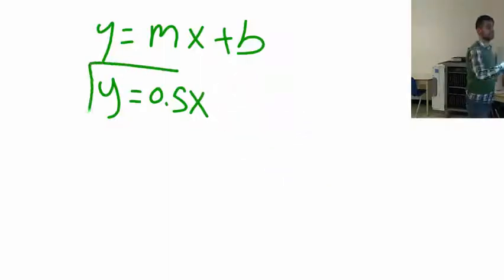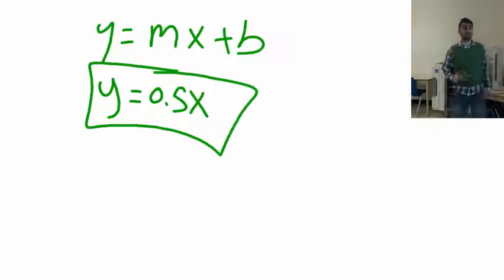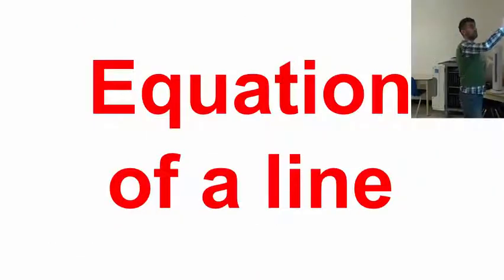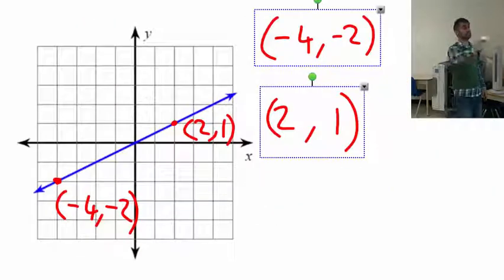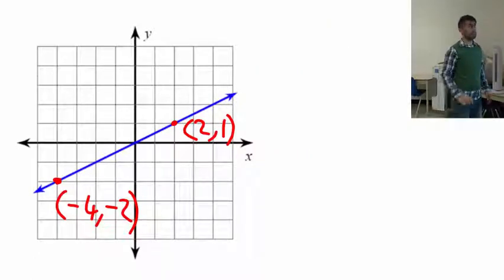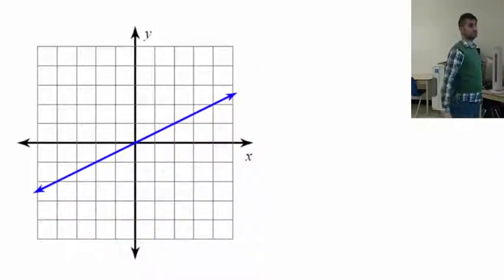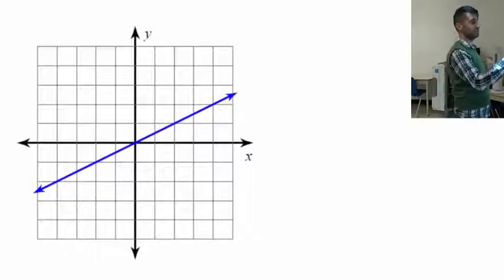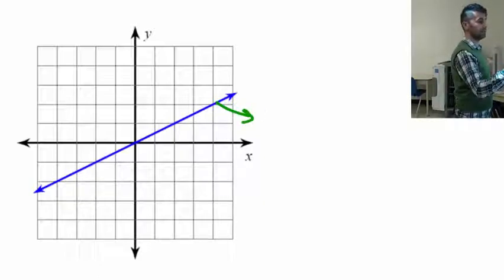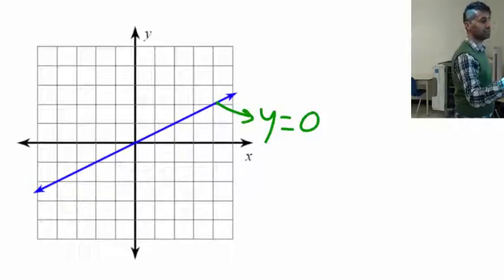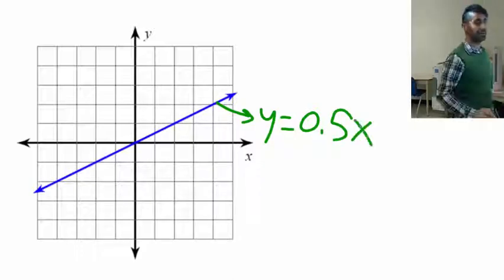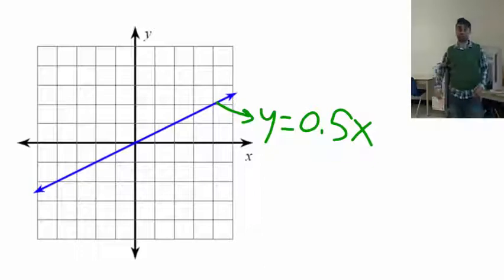And yes, this is the equation of the line we saw at the beginning. So let's clear everything. Let's say this is y equals 0.5x. So that's how you figure out the equation of a line. Let's practice.